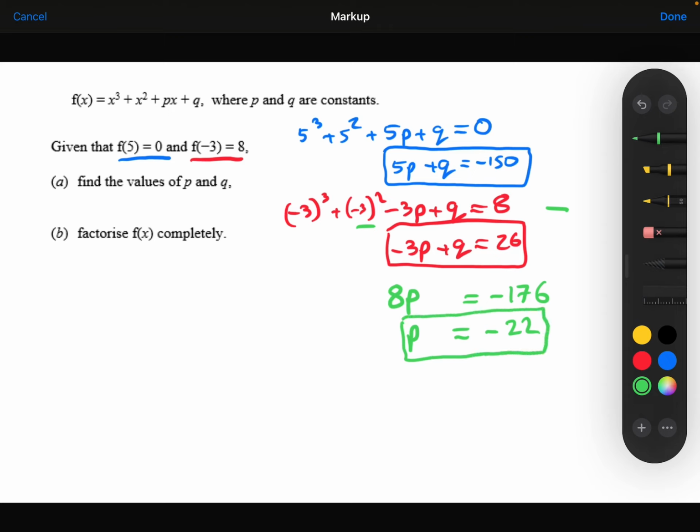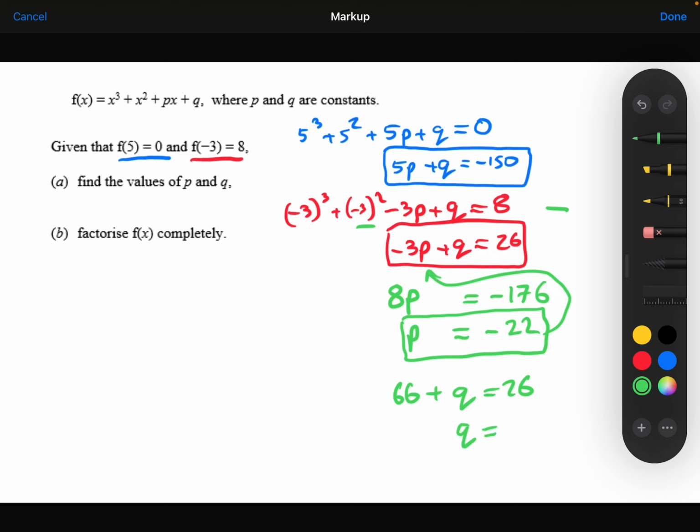I can substitute that back into either of the other equations. I'm going to substitute it into the second equation, so I'm going to put it in here. The minus 3 times the minus 22 is 66. Plus the q equals 26.